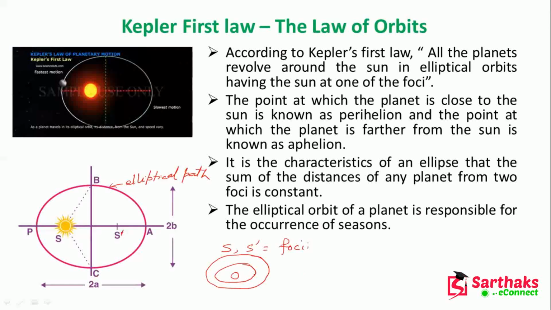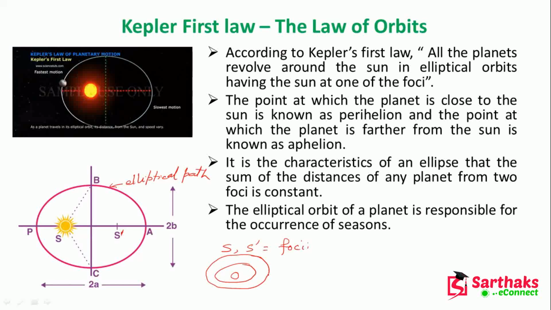For Venus there is a separate orbit, for Mars there is a separate orbit, for Earth, for Pluto, and for our other planets also. Every planet has a dedicated orbit, otherwise they may collide, and that should not happen. For every orbit there are two foci, but the sun is at one of the foci, right?